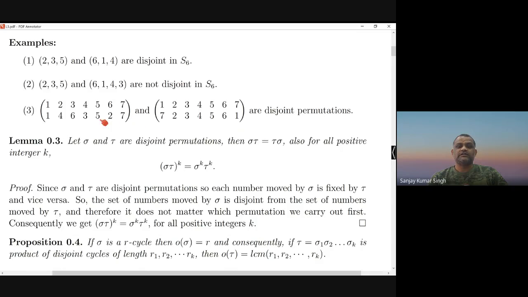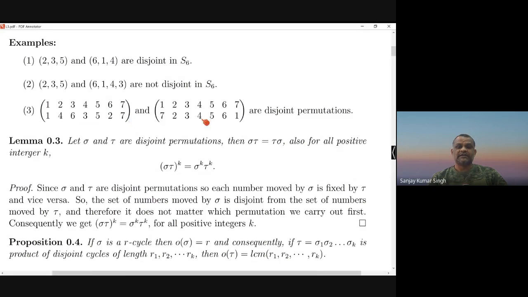Similarly, you can see this permutation in array form, which I have already mentioned. In this form also you can check that these two permutations are disjoint. Why? Because first you check which numbers are moved by the first permutation. 1 is fixed here, 2 is sent to 4, 3 is going to 6, 4 is going to 3, 6 is going to 2, and 7 is fixed, and 5 is fixed.